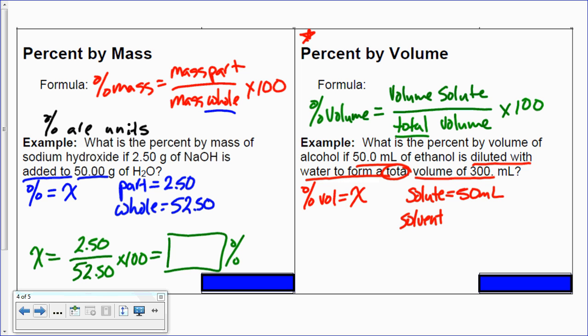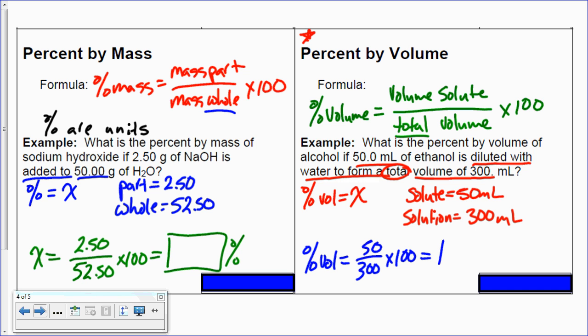The total volume of the solution equals 300 mil. Because it says it was diluted to a total, we don't have to add. So now we get percent by volume equals 50 divided by 300 times 100. That equals our answer in percentages, so percent is the unit there. I want you to check your answers with what is written on your notes there.